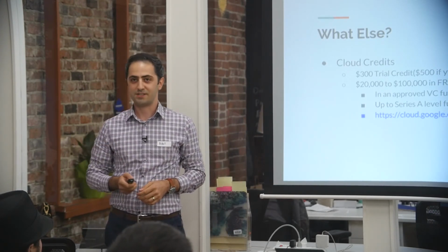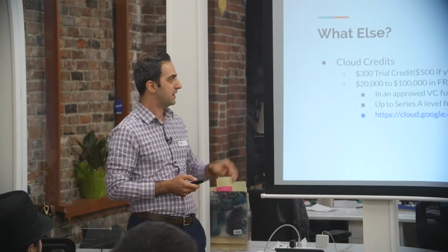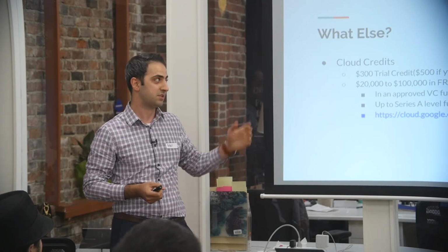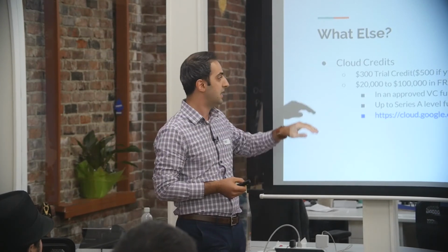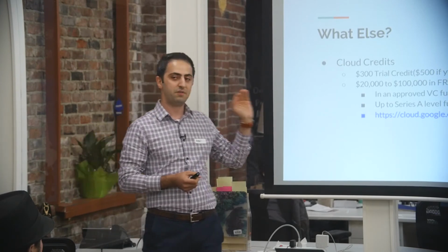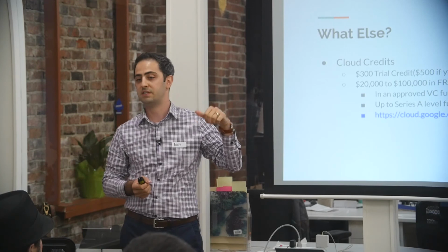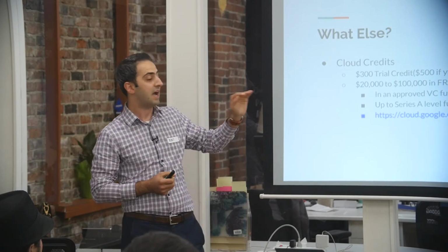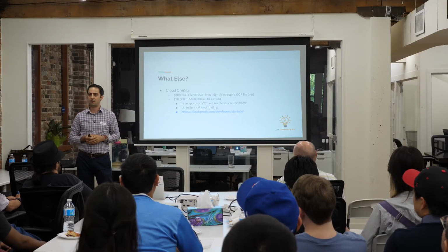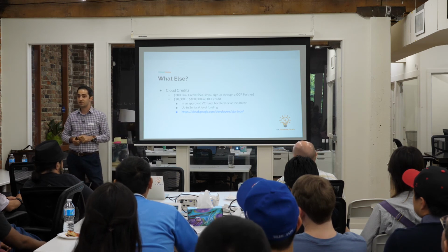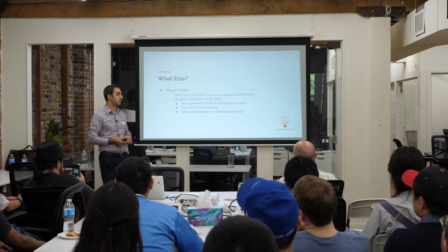But then, being a startup, there are some other perks of doing business with Google. You can easily get $300 credit out of the box. You can get $500 if you sign up with a GCP partner such as ours. But if you're a startup in an approved VC fund or accelerator or incubator, and you can go and see the list of approved funds and accelerators on their website, and if you're up to Series A of fundraising, you can get 20,000 to 100,000 in free credits with Google.